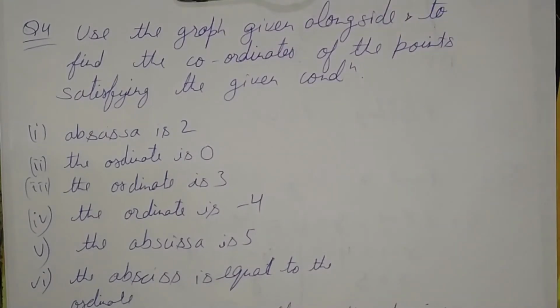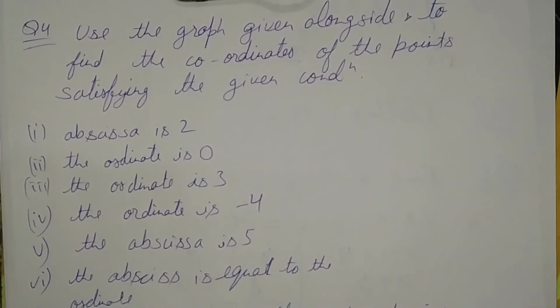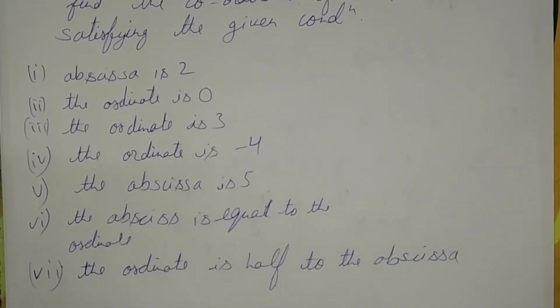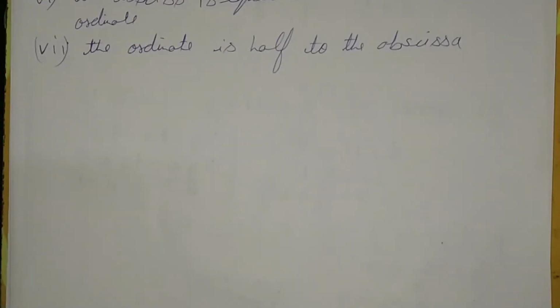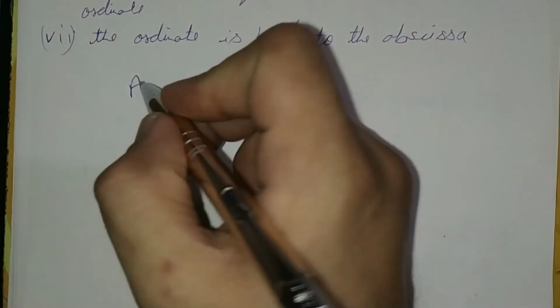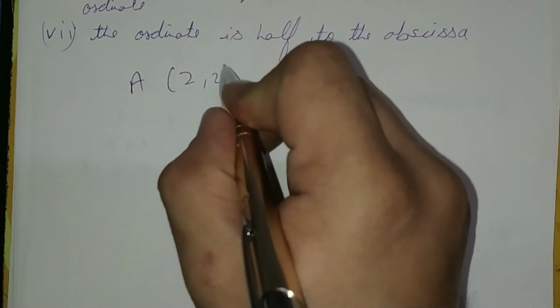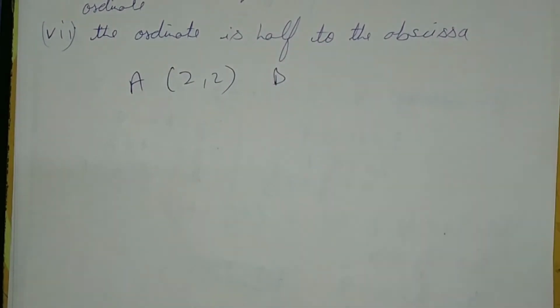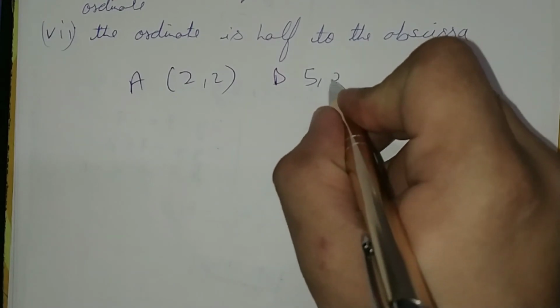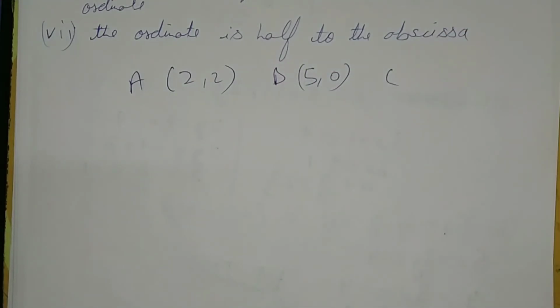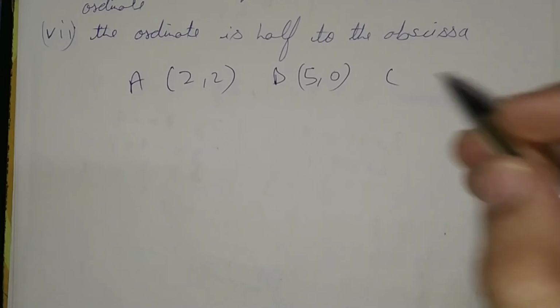So just write the coordinates of all the points here. A is 2, 2. B 5, 0. C minus 4, 3.